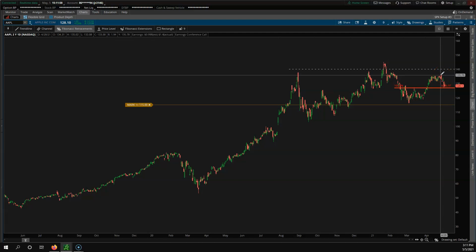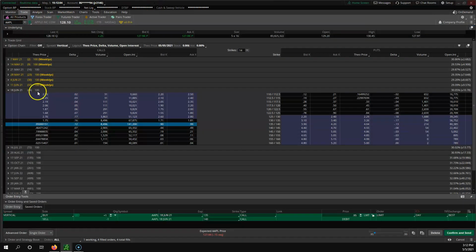Well, if we got to 137, that spread that we paid $1.95 for, it all depends how much time is left. If there's only a couple days left, that spread is probably worth maybe $1.90, right? But minus our 95.